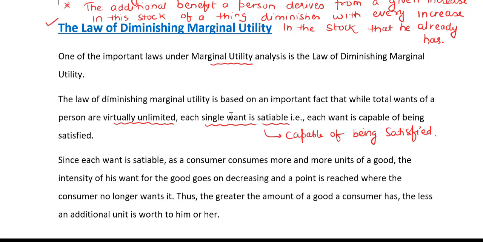So since each want is satiable, as a consumer consumes more and more units of a good, the intensity of his wants goes on decreasing. The way he wanted to consume the very first unit is not the same way he will be able to consume the second unit.